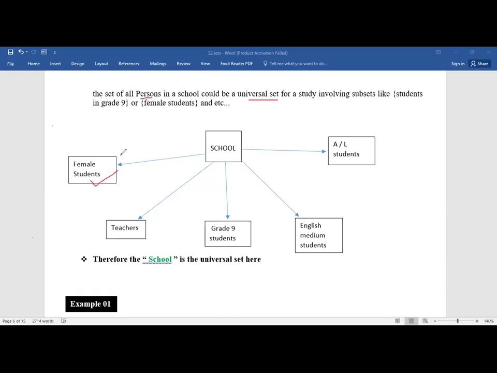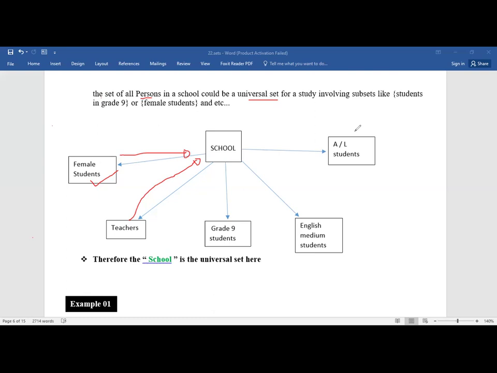Female students, they are inside the school. Teachers, they are also inside the school. Grade 9 students, English medium students, A level students, they are also subjects inside the school.